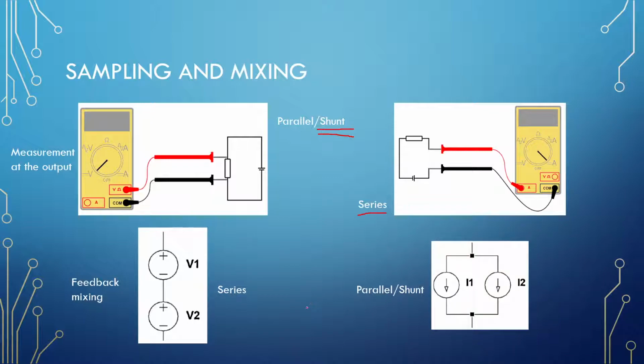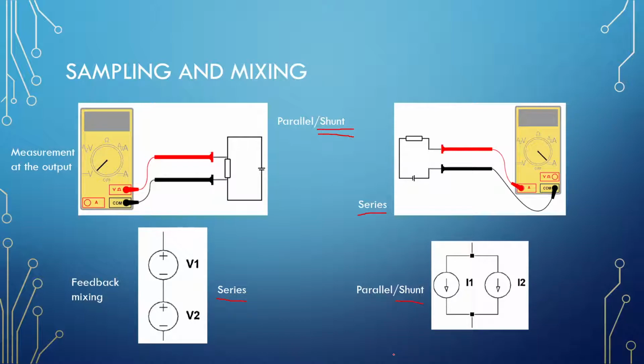On the input side, or when you need to add the new fraction that you measured back to the input, voltages are added in series and currents are added in shunt.